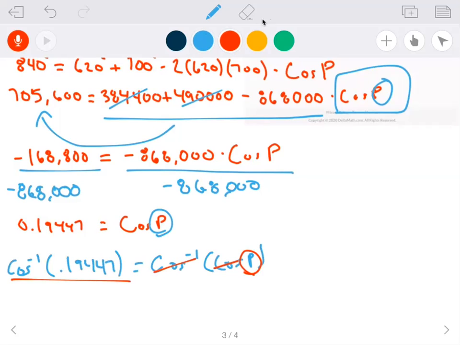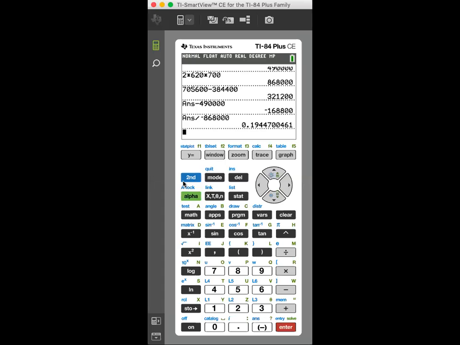So let's go to my calculator again, and you can see all my previous work, but in this case I need to hit the button second cosine to get the cosine to the power of negative 1, and then I'm going to put 0.19447 inside the parentheses, and that's going to give me my angle.